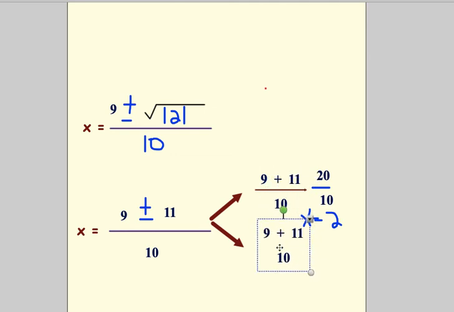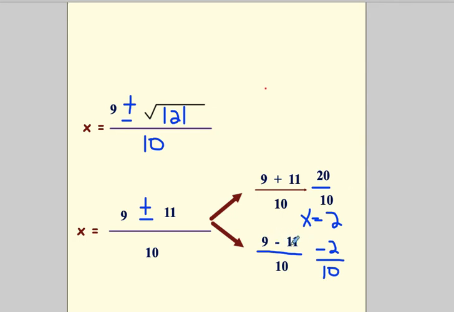So the next time I do this, instead of doing 9 plus 11, I'm going to go 9 minus 11. And when I'm doing this 9 minus 11, I've got to think about this. Let me see. 9 minus 11, that is a negative 2. And negative 2 over 10. So it is a possibility to get a fraction occasionally.